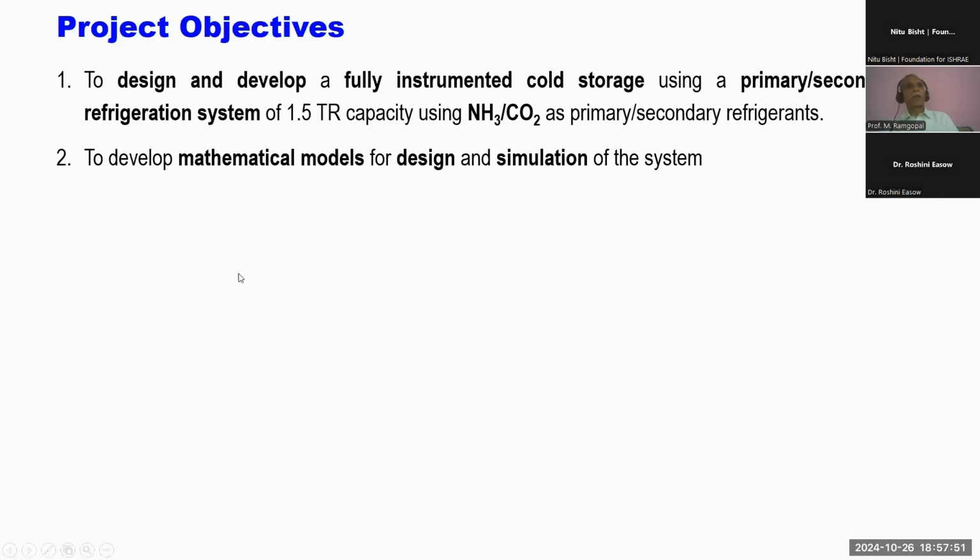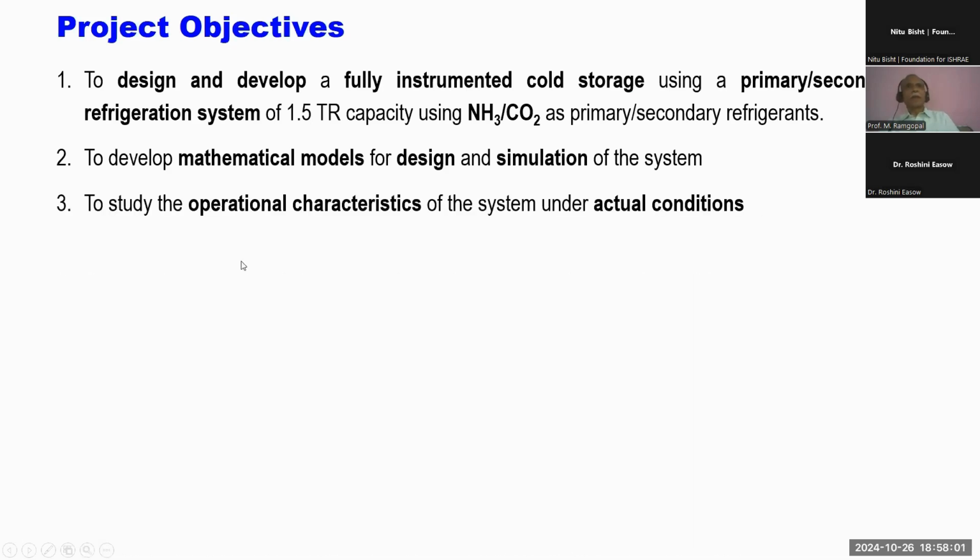So one of the major objectives of this project was to develop accurate mathematical models, both steady state as well as transient, which can be used for design and simulation. And then using these models, you simulate the system performance and the different operational characteristics, and then based on these mathematical models, design and develop the actual system.